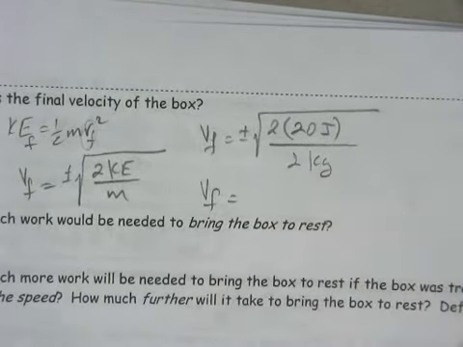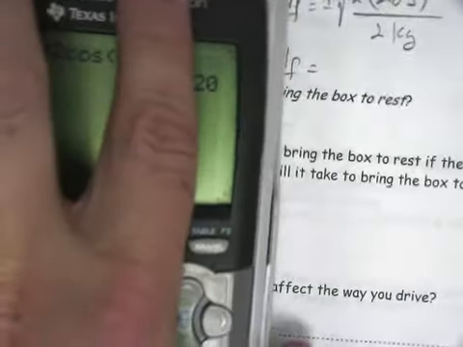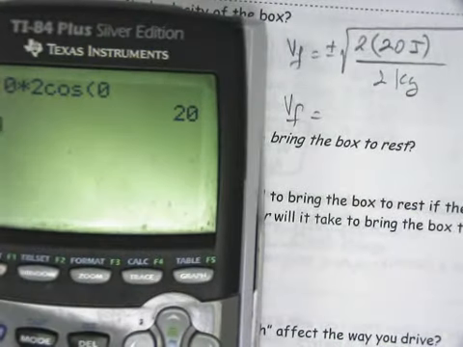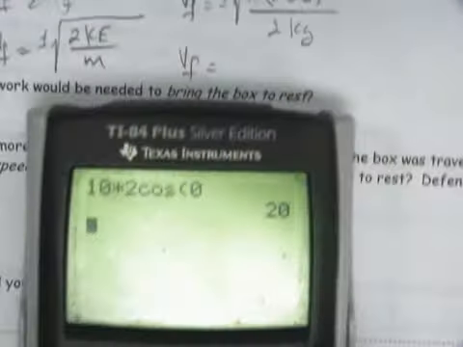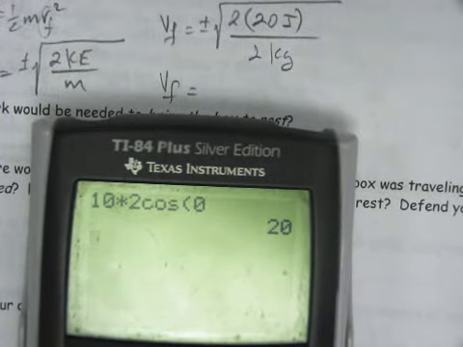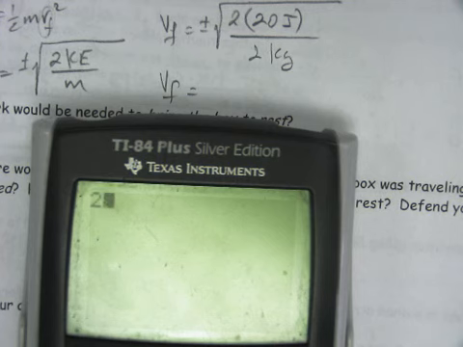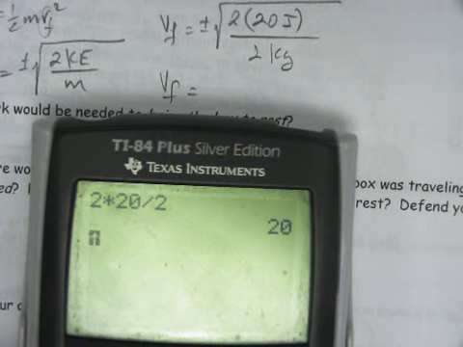And the final speed is equal to, let's plug all that in. There we go. What I usually do on this is I'll figure out all the stuff on the inside and then I'll take the square root at the end. So 2 times 20 divided by 2, get that. And then I take the square root of that answer. And there it is, 4.47.